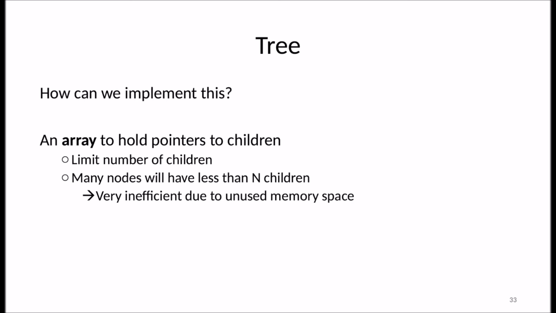But a lot of times in a tree, not every node has the full branching factor that is allowed for a tree. For example, the leaf nodes do not have any children. So using an array, we would just use unused memory, and it becomes very inefficient. The larger the tree gets, the more inefficient it is to use an array.